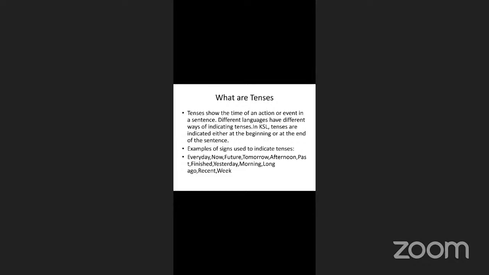Just like different languages, KSL also has its own ways of indicating tenses. In these tenses, there is something known as a tense marker, and the tense marker comes either at the beginning or at the end of the sentence.